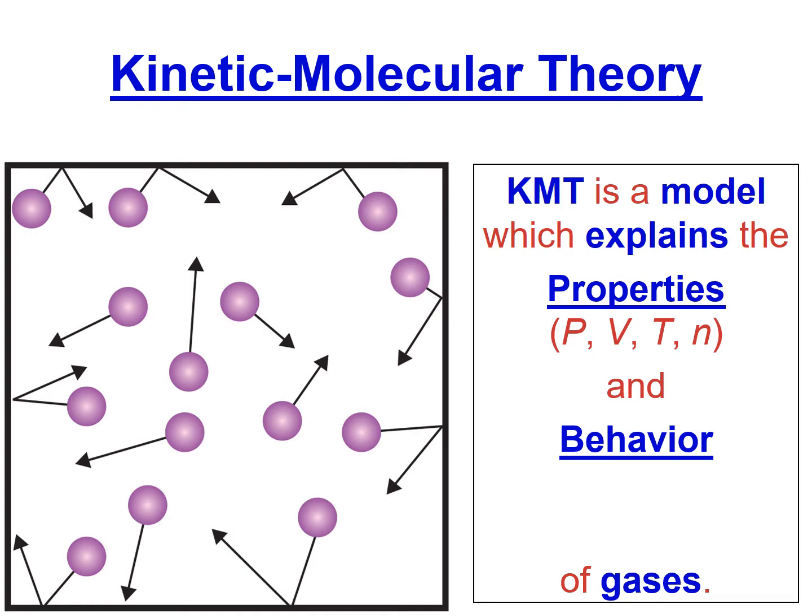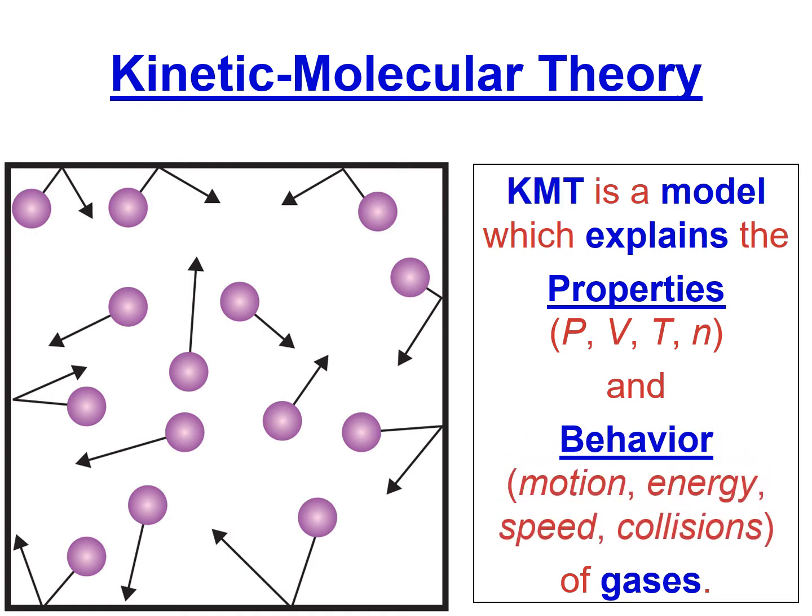Properties include the pressure, volume, temperature, and number of gaseous particles. And behavior includes the motion, energy, speed, and collisions of gaseous particles.